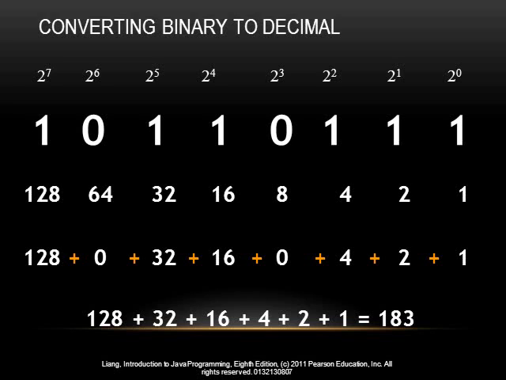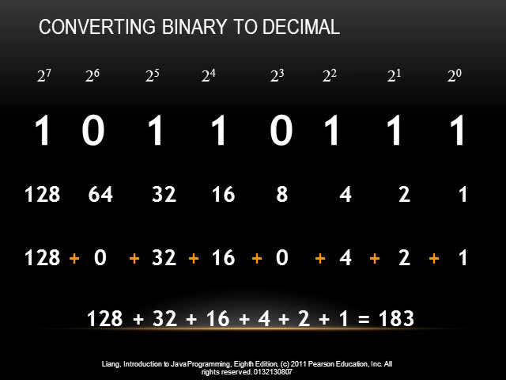Adding them together, 16 plus 8 is 24, plus 4 is 28, plus 2 is 30, plus 1 is 31. So any combination of those 5 binary numbers will give us a value between 1 and 31, in which case somebody's birthday has to be in the value between 1 and 31.